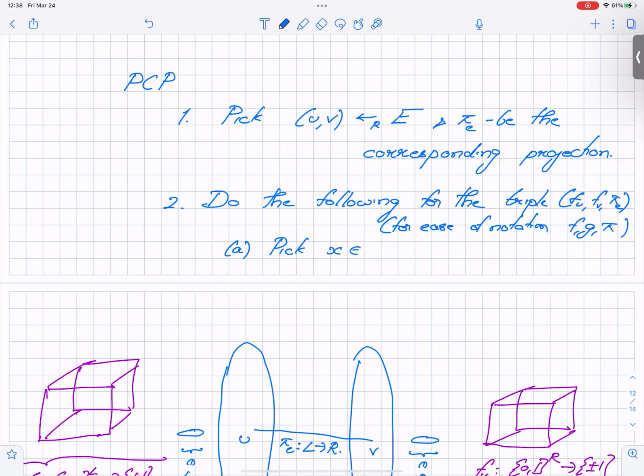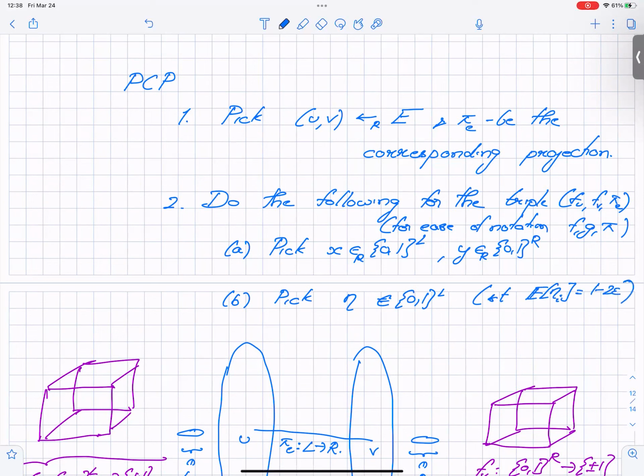Pick x at random from 0, 1 to the L. Pick y at random from 0, 1 to the R. Pick eta from 0, 1 to the L such that the expected value of eta_i is 1 minus epsilon. It's that perturbed thing we picked previously. Pick eta this way.